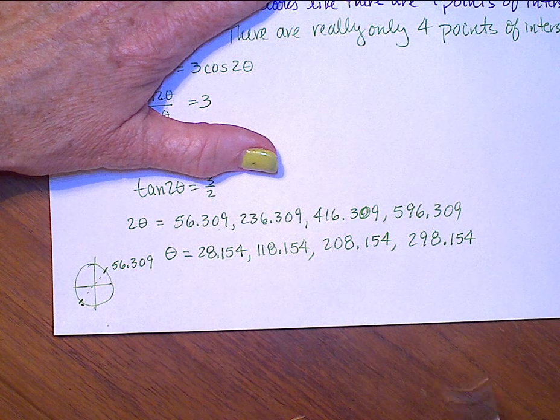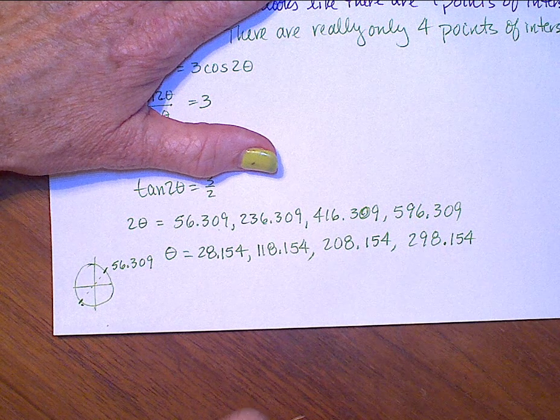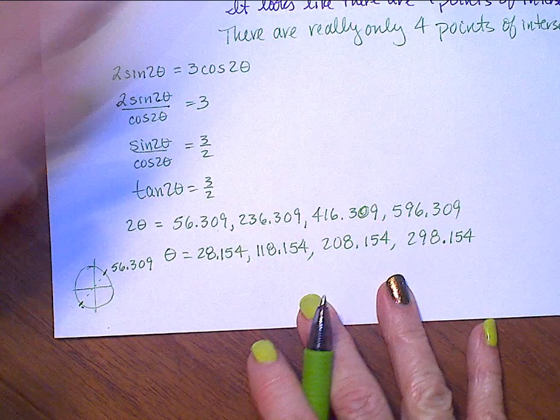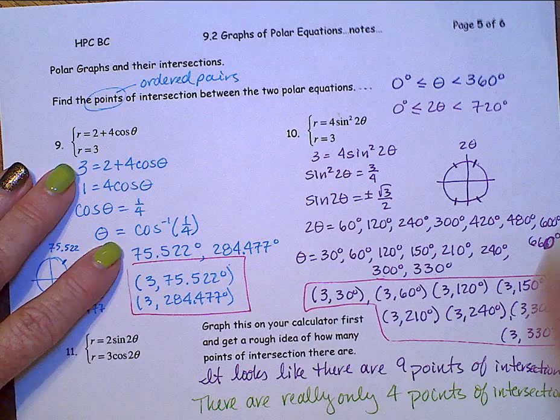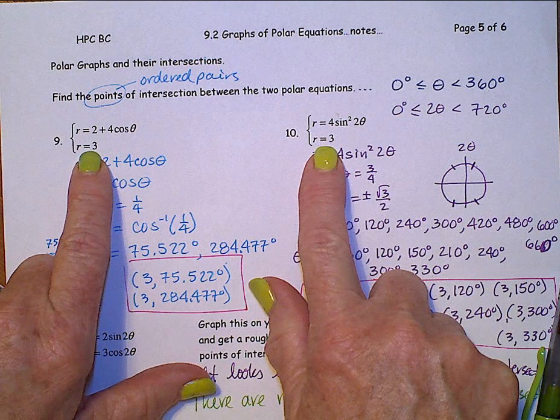Okay, now that's just the thetas. We need to find the ordered pairs. On these last two, it was very nice to find that r value because that was one of my equations, r equals 3.